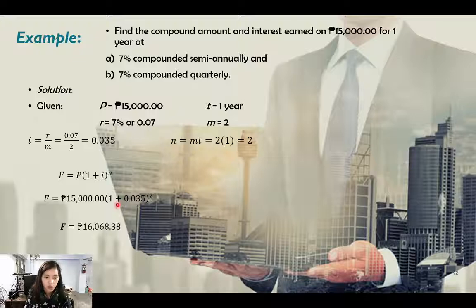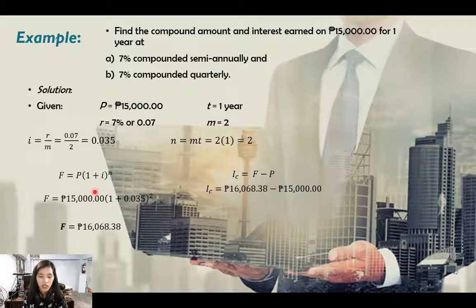And we're going to have 16,068.38. I-add nyo muna to. Then, i-erase nyo siya, saka nyo i-multiply dito. Okay. Let's find the compound interest. Ima-minus lang natin yung F. Kinuha natin tong F, yung future value niya, para makuha natin yung compound interest.